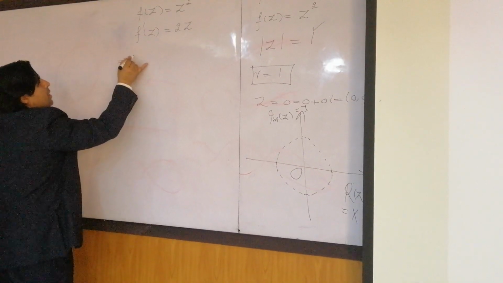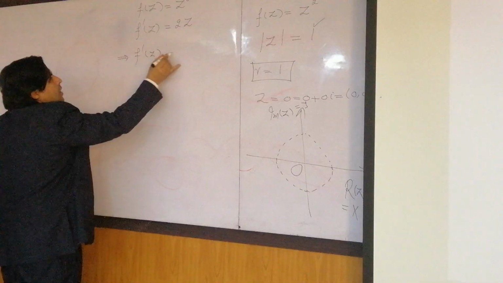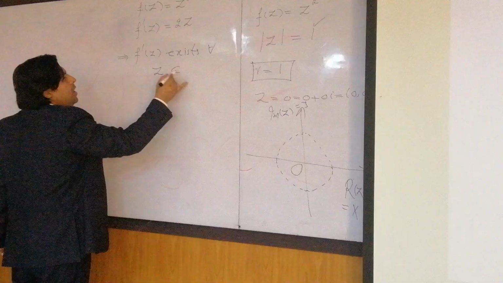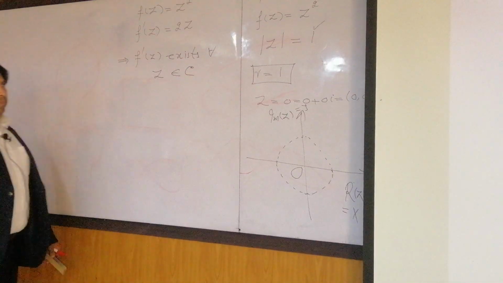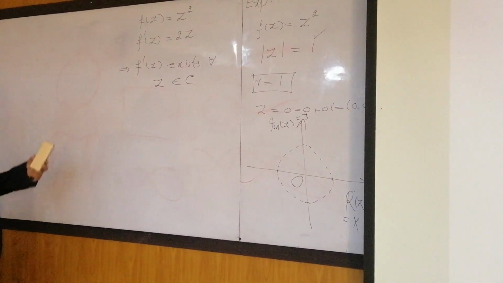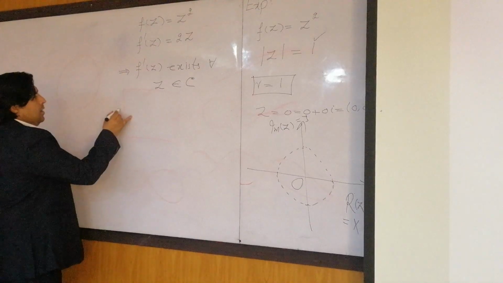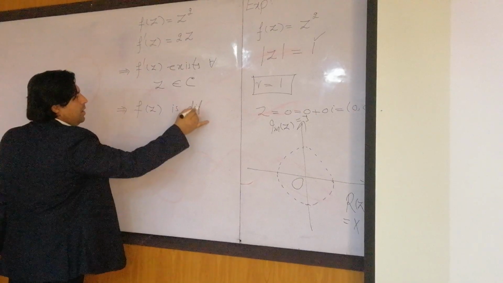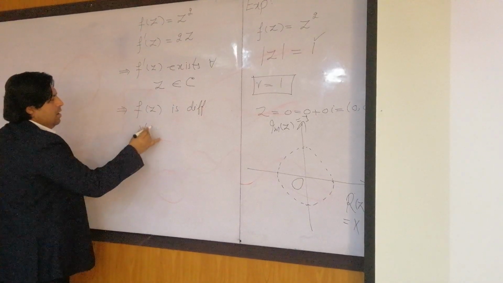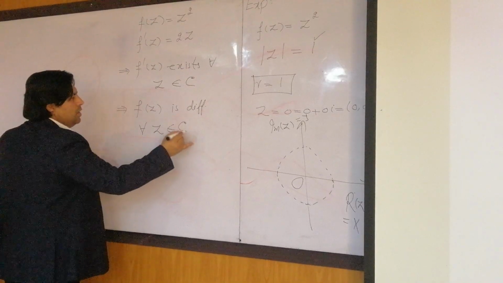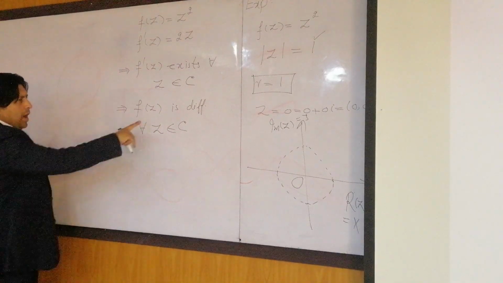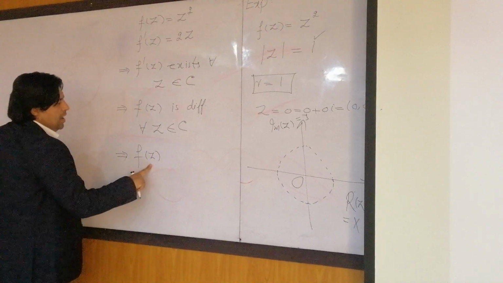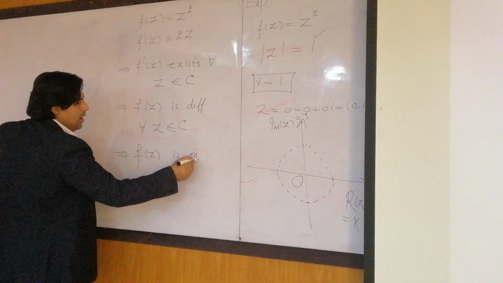So this implies that f dash of z exists for all z belongs to our closed curve C. So in this case, we can say that f of z is differentiable for all z belongs to the given curve C, and any differentiable function is called analytic. So this implies f of z is analytic.